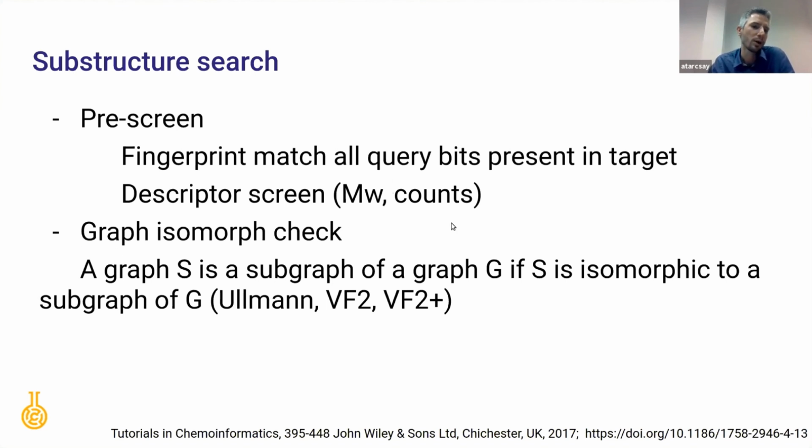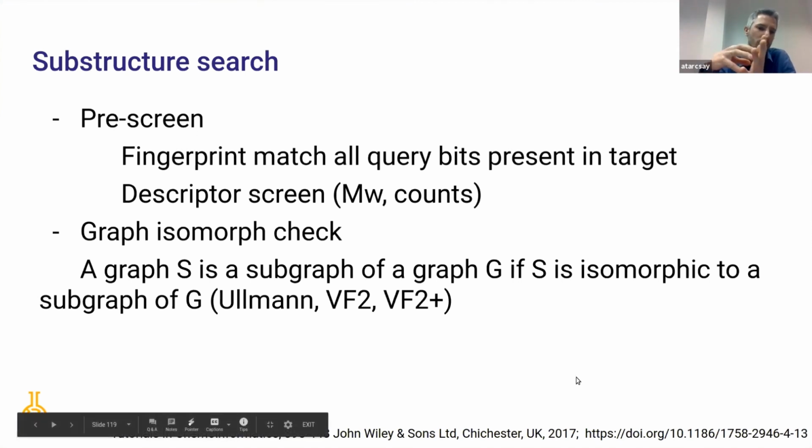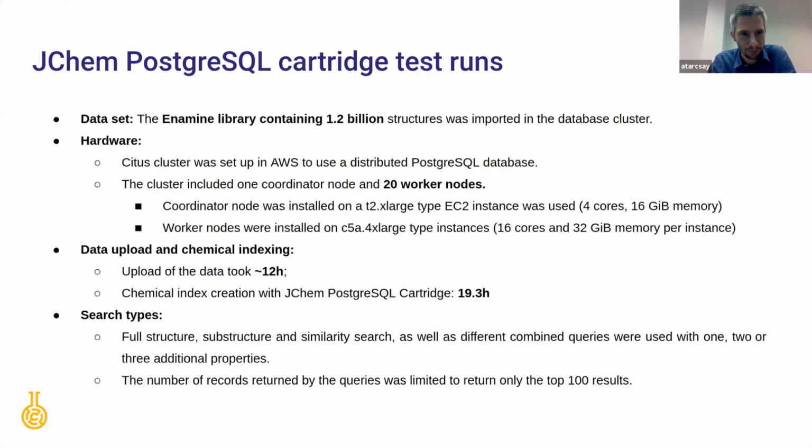And then this is a graph, an NP-hard problem, a graph isomorphism check. A graph S is a subgraph of a graph G if S is isomorphic to a subgraph of G. So it's the substructure relationship, and there are different methods, the Ullmann method, VF2 Plus, for how to do the mapping of the graph elements.